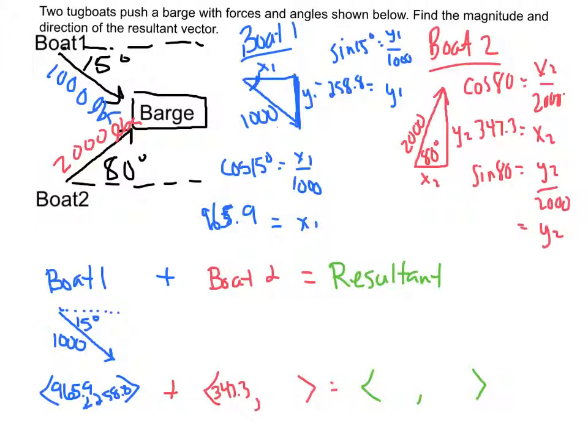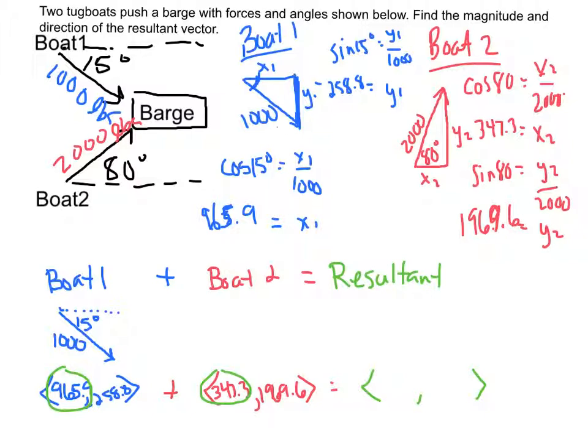So we type that into our calculator, sine of 80 times 2,000, and we get 1,969.6. So our resultant vector is going to be where we add the two x values together.